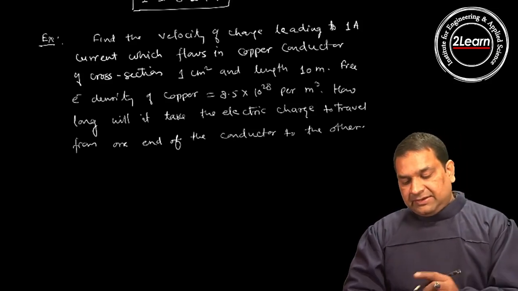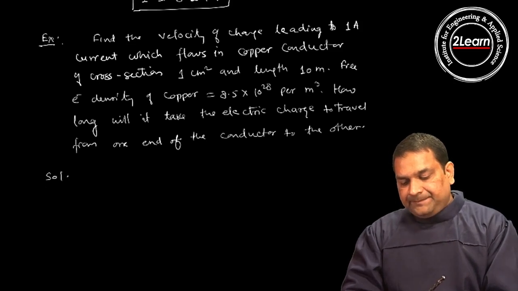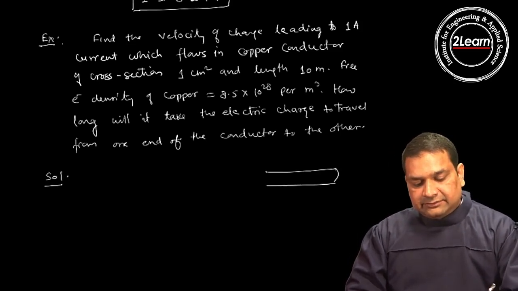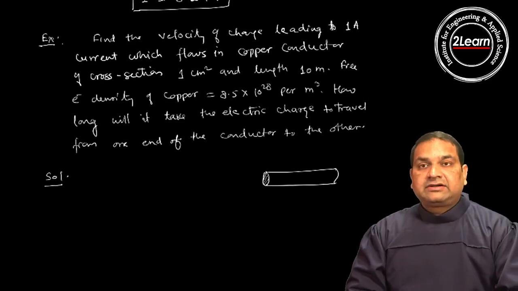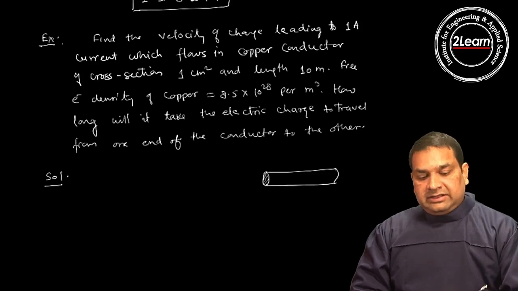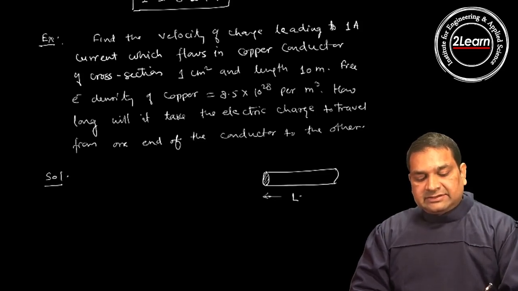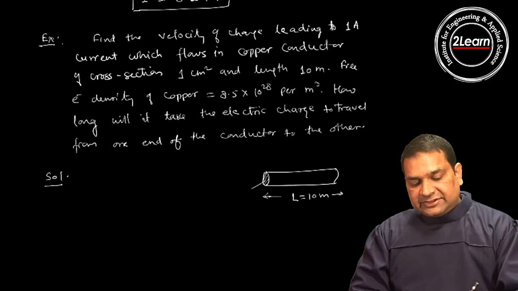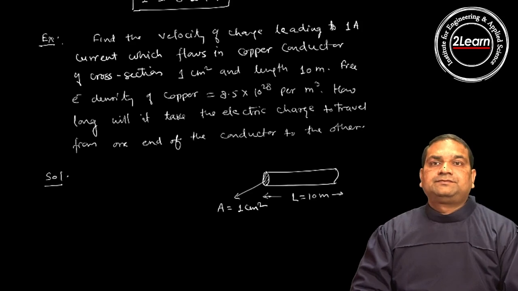So first focus on this part. Suppose this is a conductor. The length of this conductor is 10 meter and cross sectional area A is 1 centimeter square.